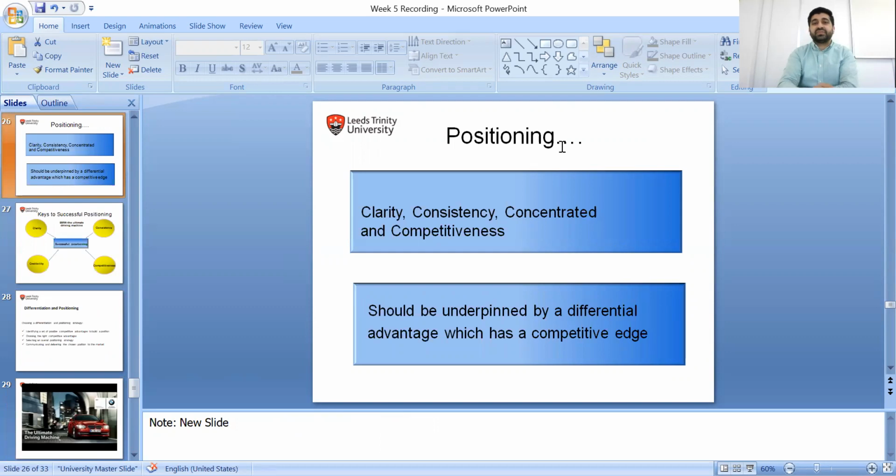Here we can see the positioning. It should provide clarity, consistency, concentration, and competitiveness. It should be underpinned by the differential advantage, which is a competitive advantage. Companies are trying to position their product in a specific segment.